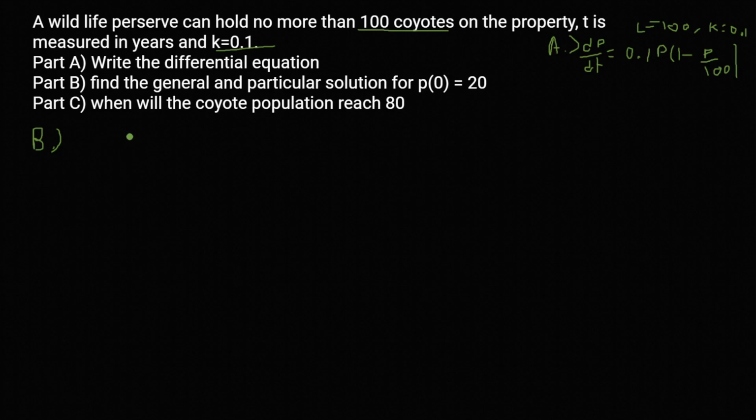So we remember our form from the last time. That is, the population is going to be L over 1 plus A e to the negative kt. So this is the form it will take on.